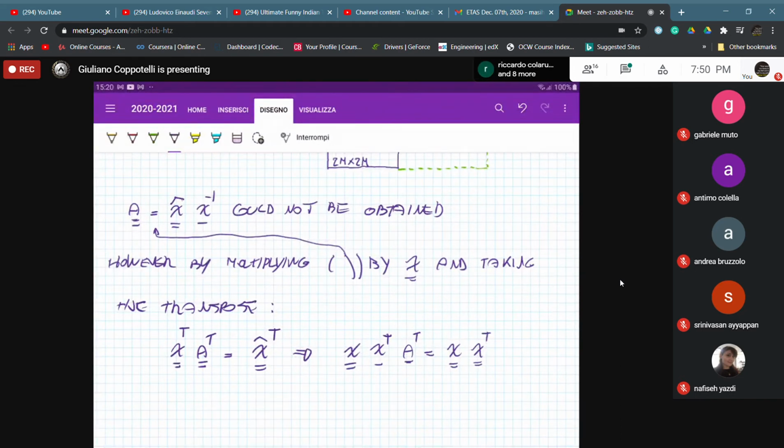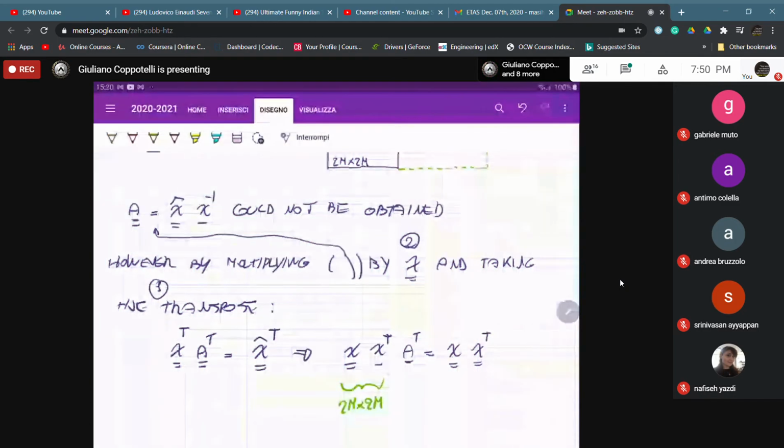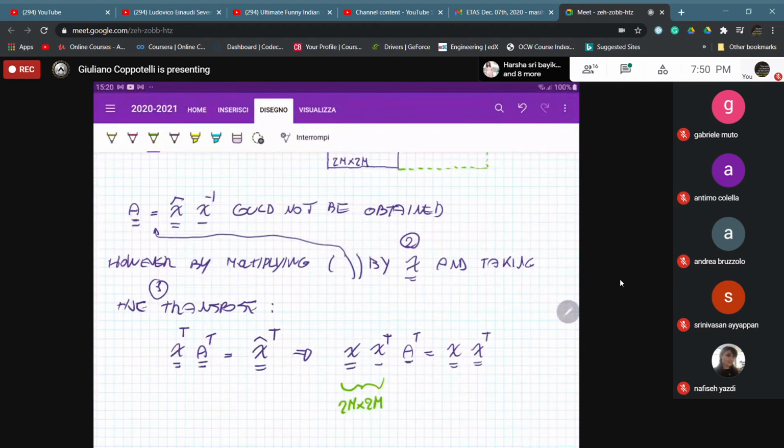So take transpose is the first operation, then multiply by chi is the second operation. What we got is that this matrix is a 2m times 2m matrix, so it is the same as the system order.